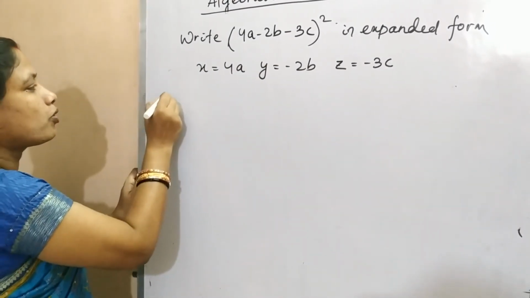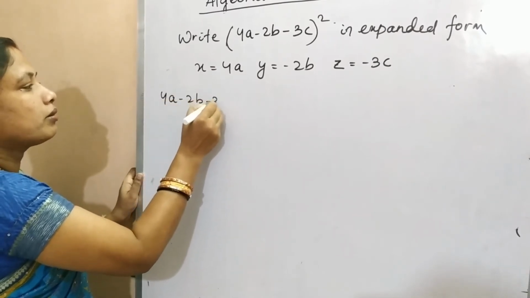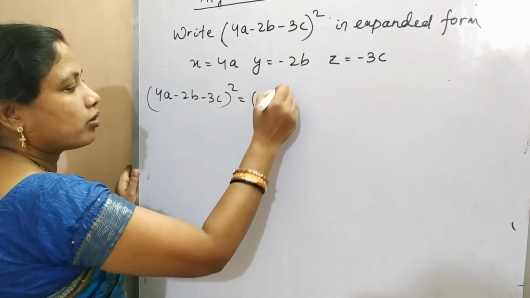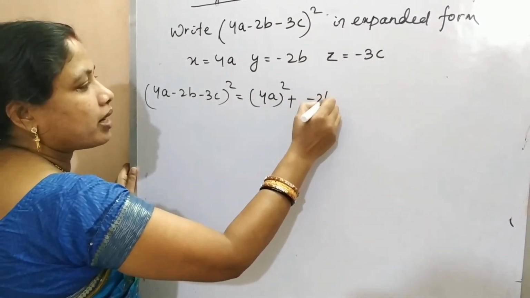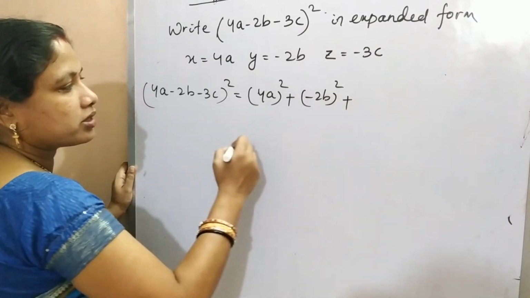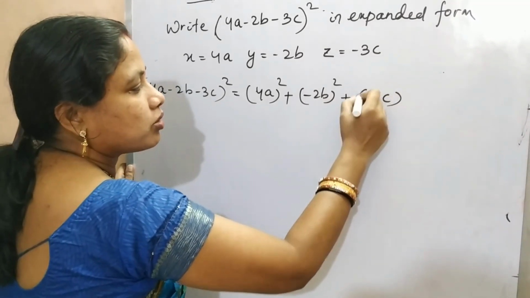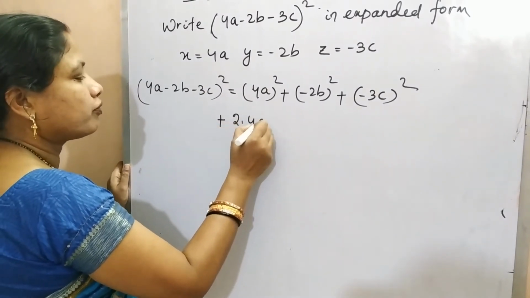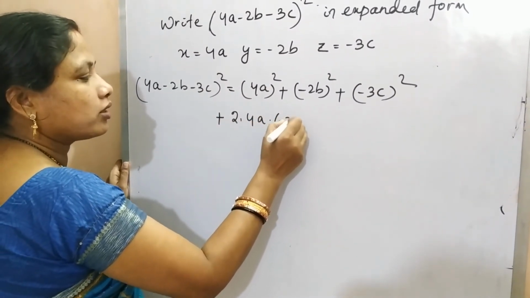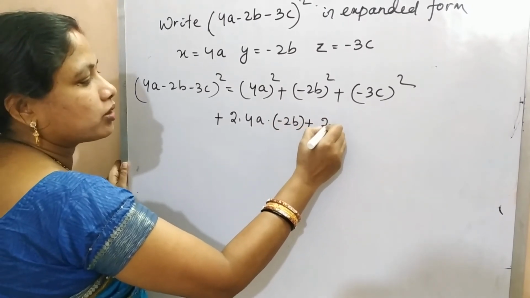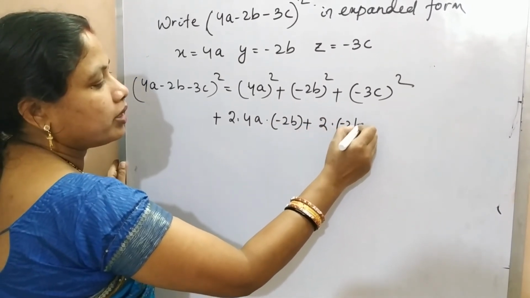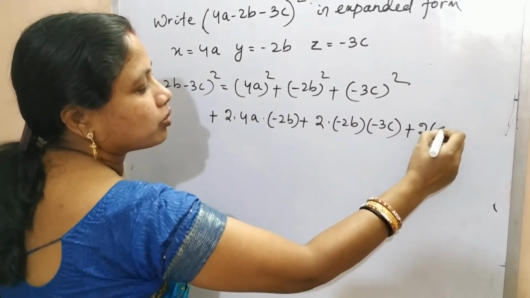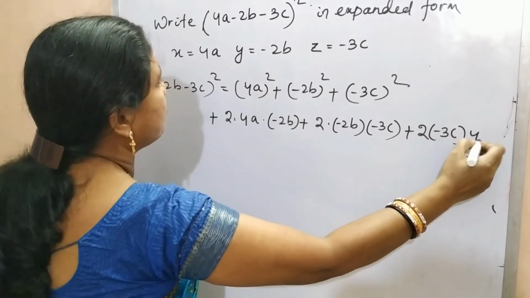So 4a minus 2b minus 3c whole square is equal to x square, 4a whole square, plus y square, minus 2b whole square, plus z square, minus 3c whole square, plus 2xy, 2 multiplied with 4a multiplied with minus 2b, plus 2yz, 2 multiplied with minus 2b multiplied with minus 3c, plus 2zx, 2 multiplied with minus 3c multiplied with 4a.